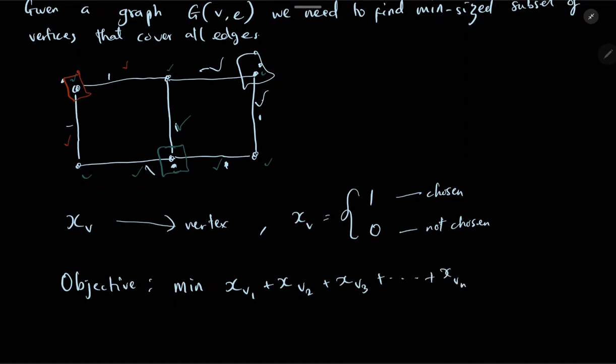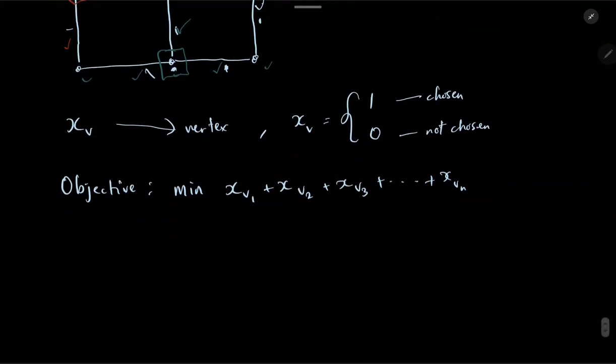Then what would you define the constraints to be? The first constraint would be that x is either 0 or 1. So this means that this is a 0-1 LP.